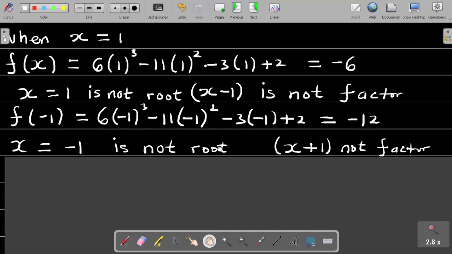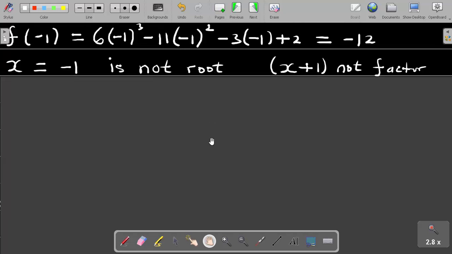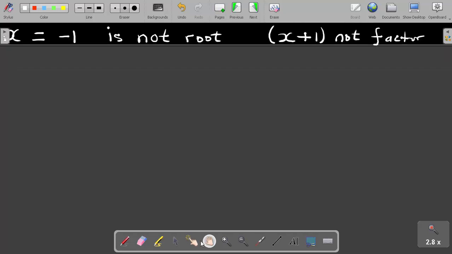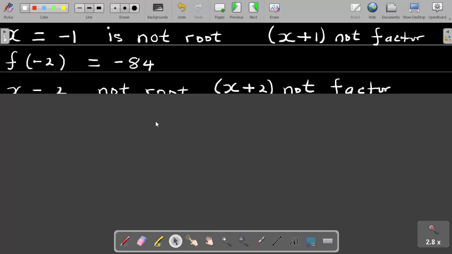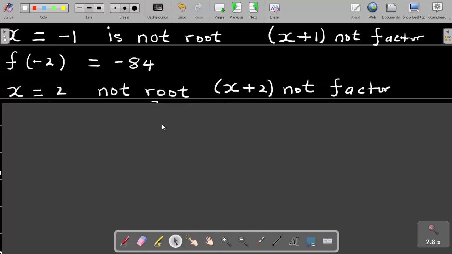Now if I choose another x value, let's check it out. If I choose x equals negative 2, still I get negative 84. And for that matter, x equals negative 2 is not a root, so therefore it means x plus 2 is not a factor, so I can't proceed with that.